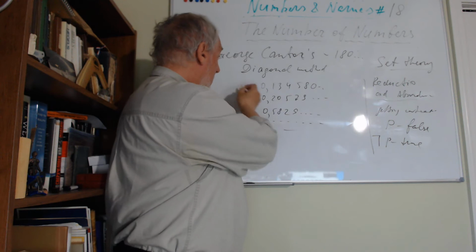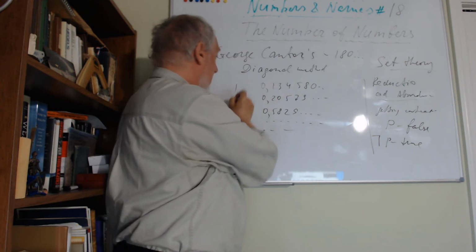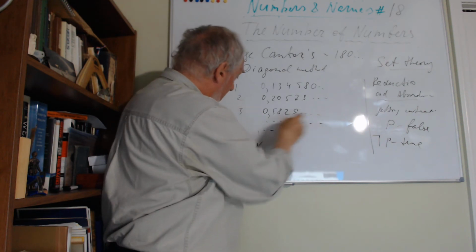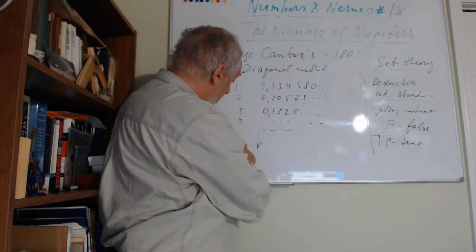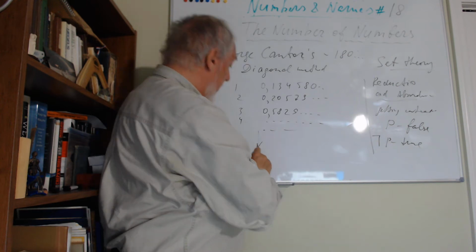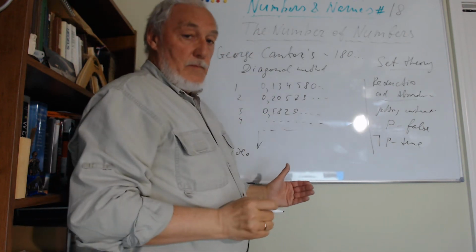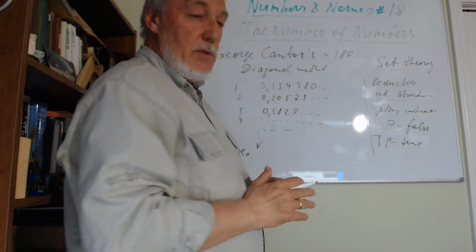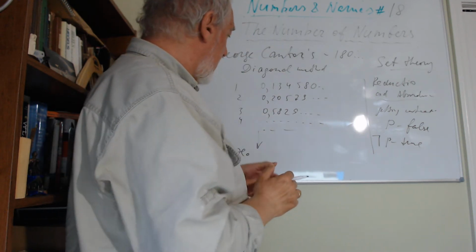Remember how we count them? This is first, this is second, this is third, this is fourth, and so on to aleph null. So he suggested that maybe we can count all these irrational numbers. Why not? Let's try that.